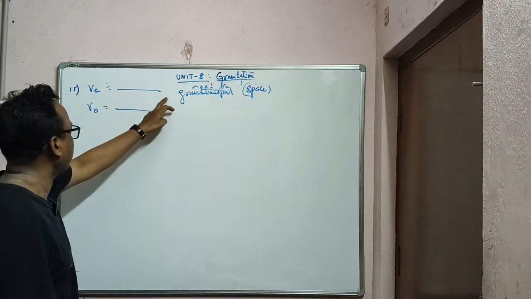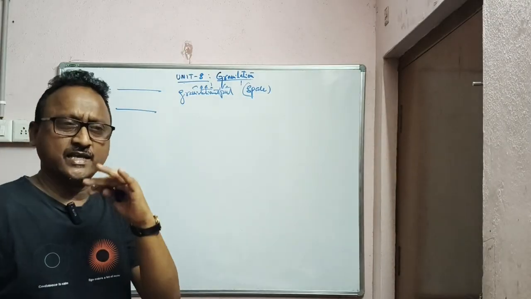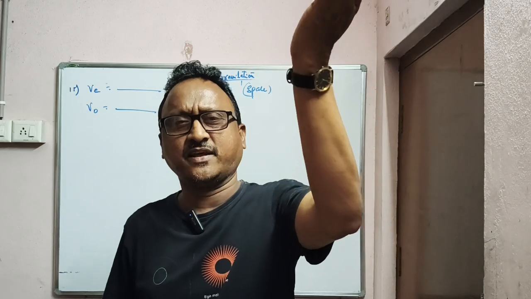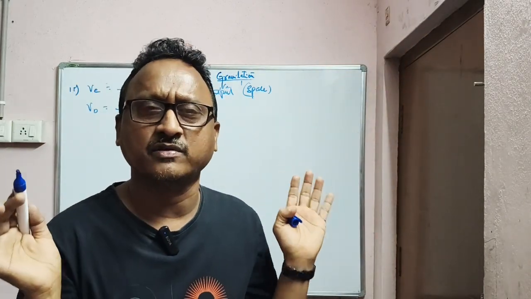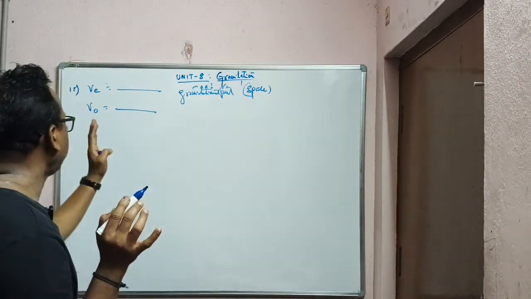That is called escape velocity. And what is orbital? It is the horizontal speed given to a body which is sent above the earth's surface and made to rotate continuously without falling on the earth's surface. Okay? That is orbital.